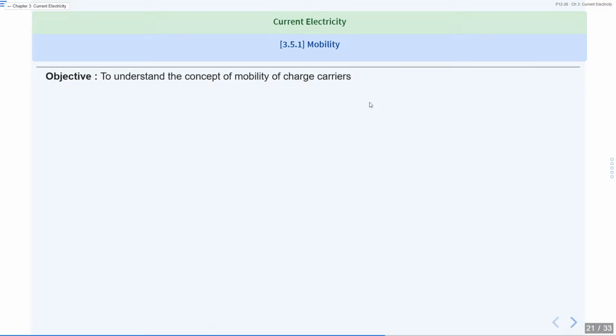So what is mobility of charge carriers? Mobility, represented by mu, is defined as the magnitude of drift velocity per unit electric field.